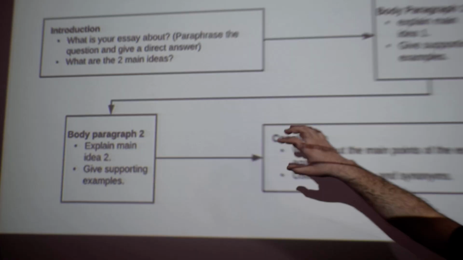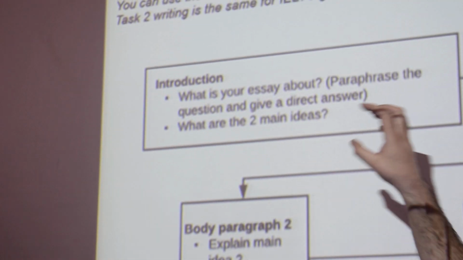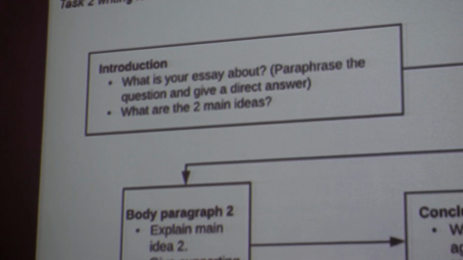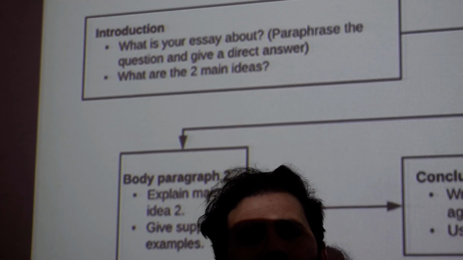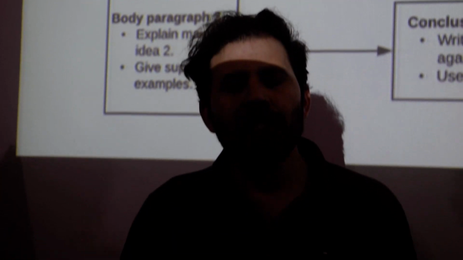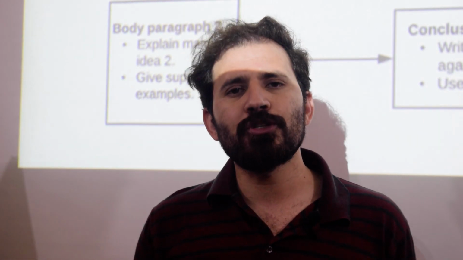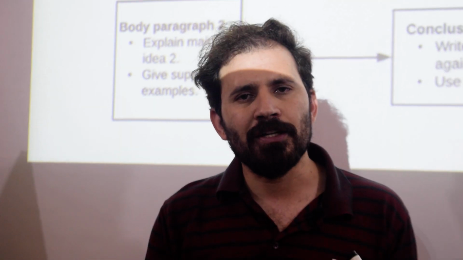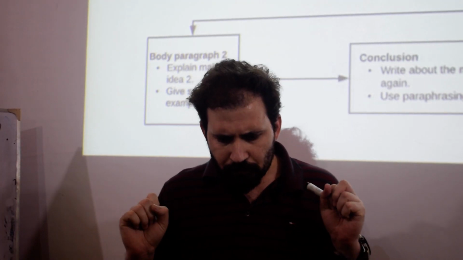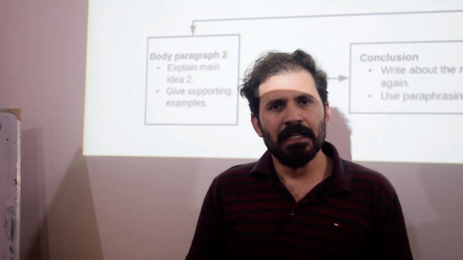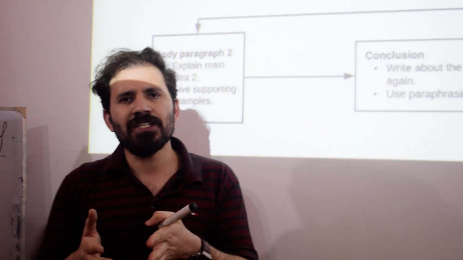Whenever you want to write an introduction paragraph, the first thing we need to write is the paraphrasing paragraph. Today in our lecture we will be talking about the methods and ways we can paraphrase the IELTS question. Paraphrasing means that IELTS will give us a question.